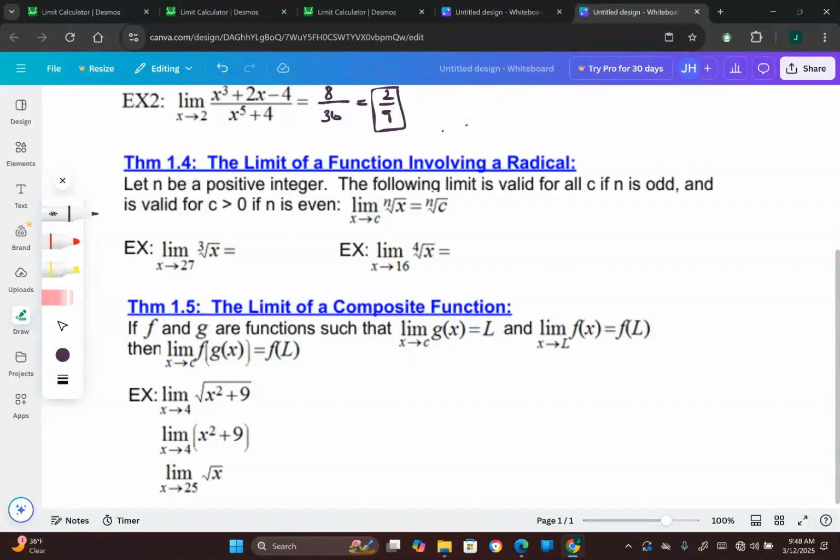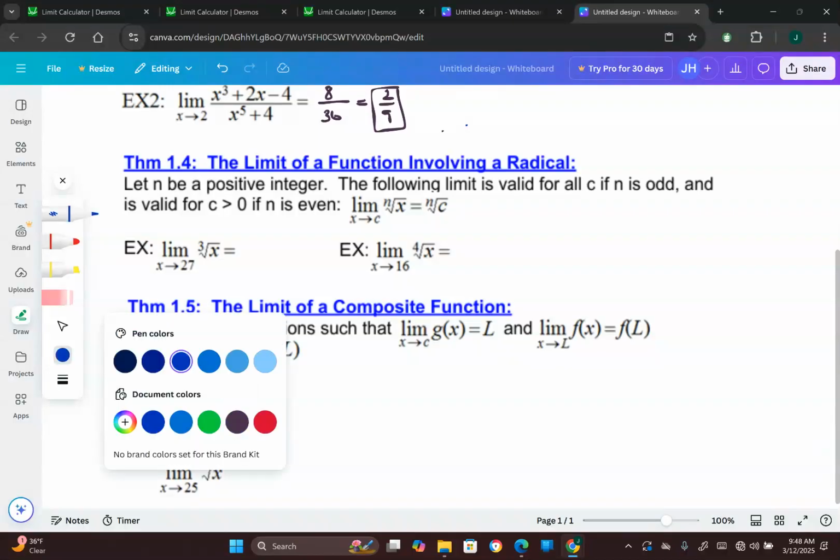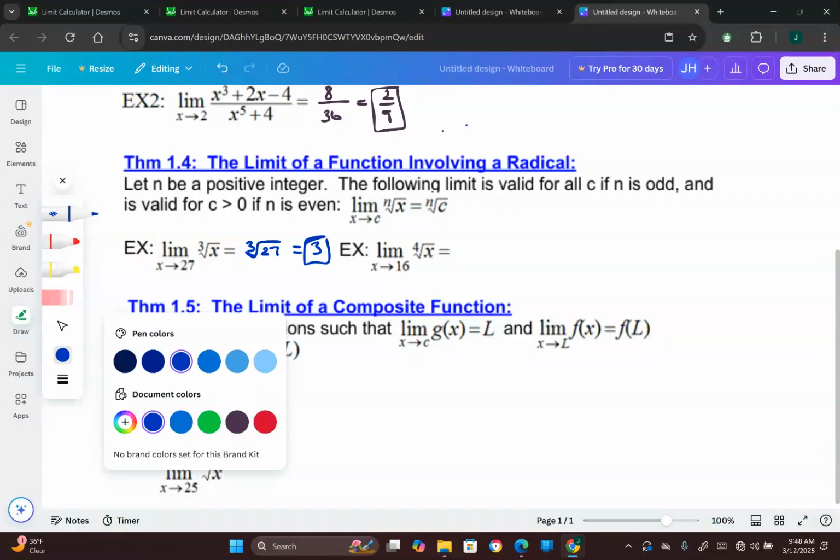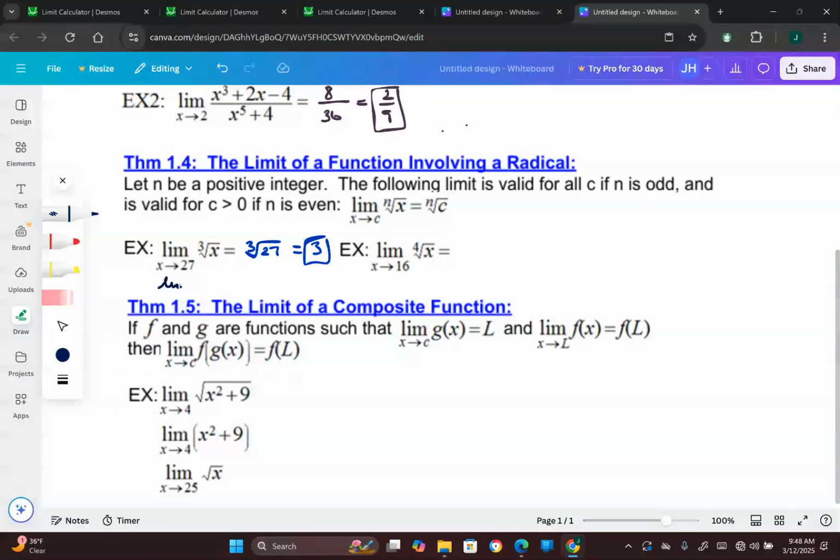And the reason we say that is because we can't take the even root of a negative number. So over here, this first example, if we're going to do the cube root of x, I can certainly plug in 27, and the cube root of 27 is 3. That would be my limit. But what if I wanted to take the limit as x approaches negative 27 of the cube root of x?